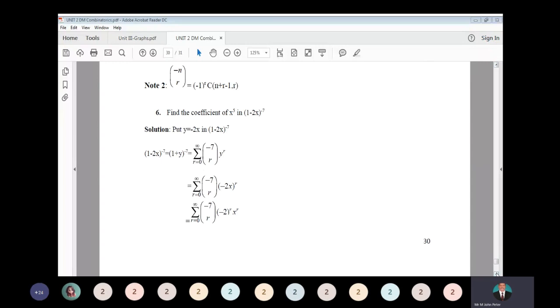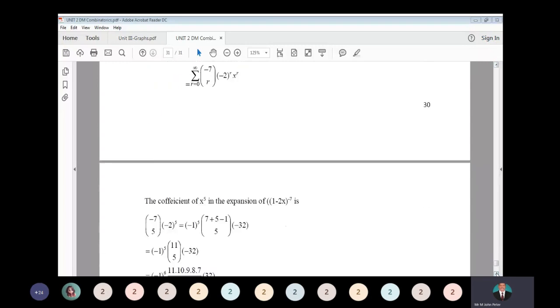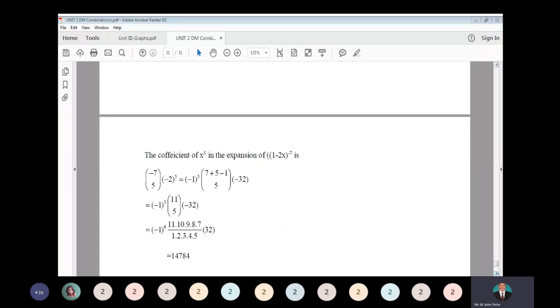So that is minus 1 power 5 C, into 7 plus 5, so it becomes 11 C 5. So that value we identify. So that is 11 C 6, from 11 reversely, 5 value. So from 5 down to the least value. So these values simplify, you will get 14,784 as the value. So generating function and the solution of the generating function we have also seen in the problem.